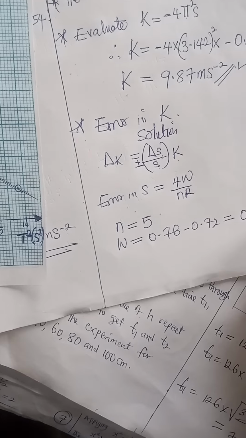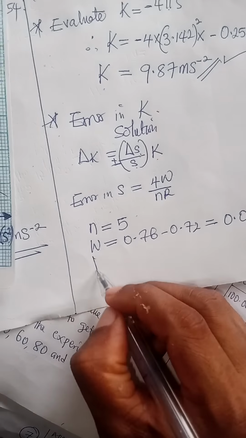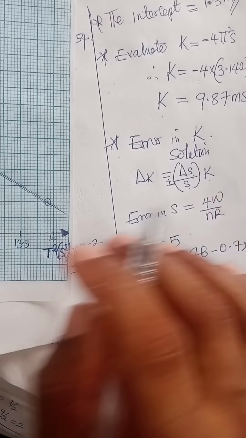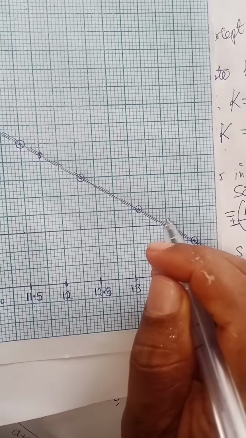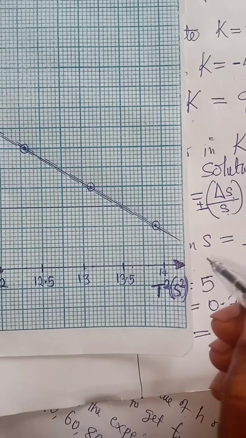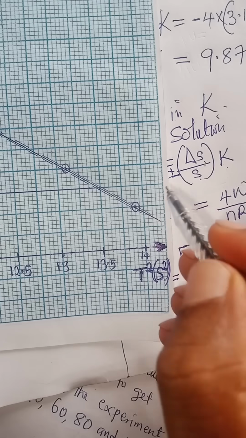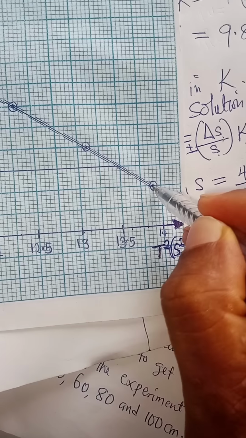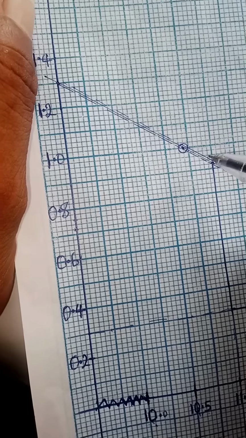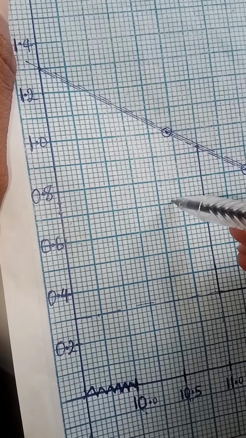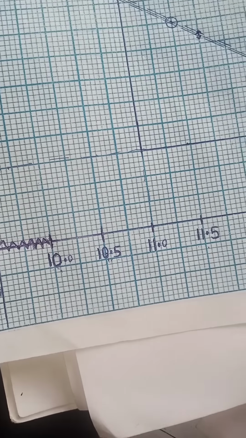And the unit is meter. Now, my range. How do I determine my range? This is this point here minus this point here, trace down these 2 points.